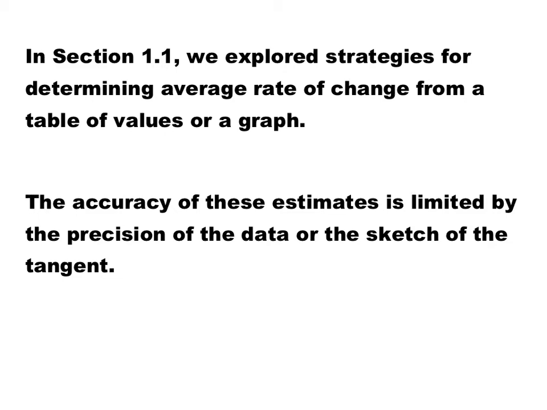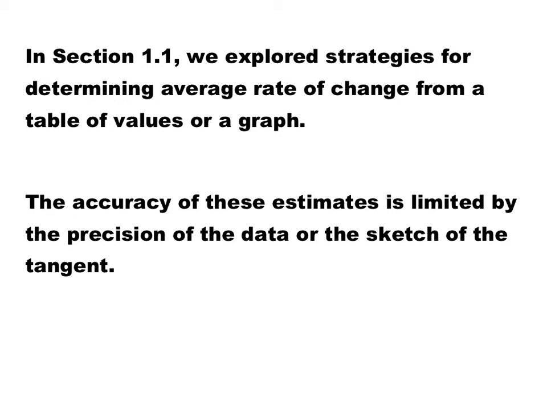In today's lesson, we are going to talk about how to find the rate of change if the equation is known. In the previous section, we talked about using a table of values and the graph to find the average rate of change for a given value.